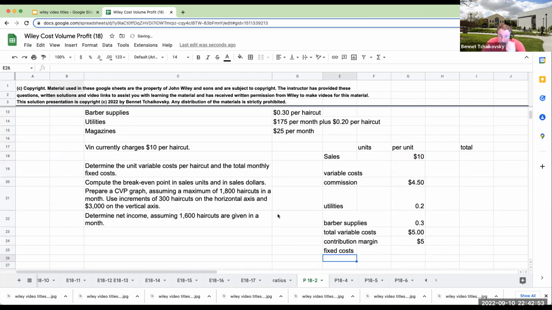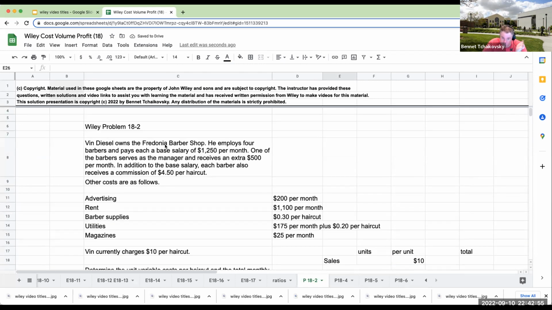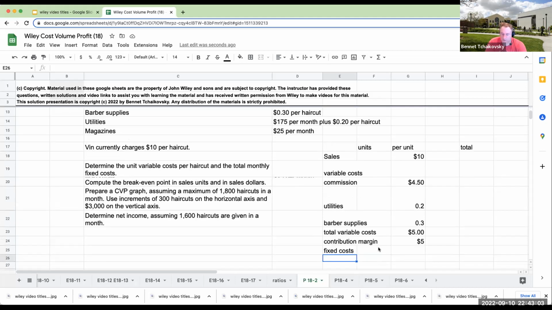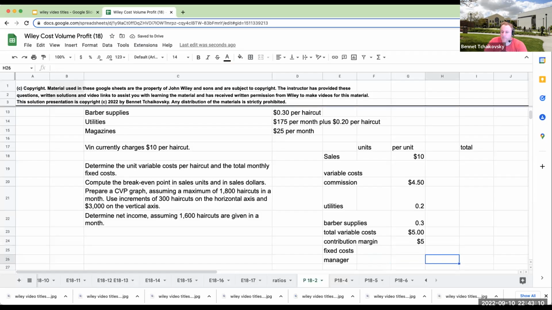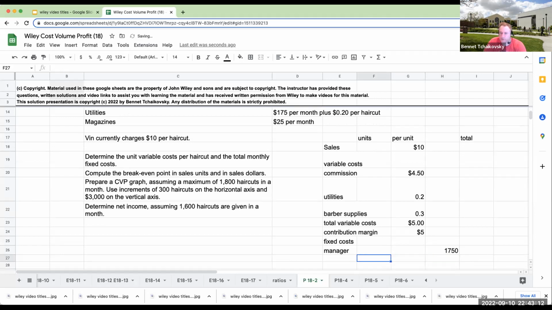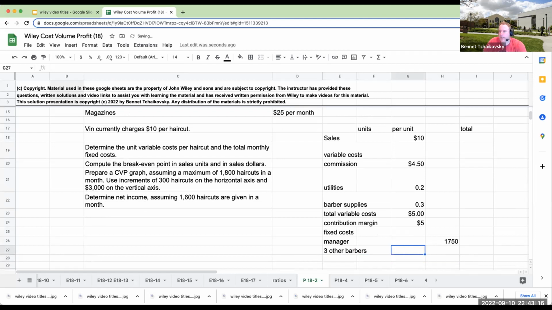So what we have over here, we have 4 barbers, each paid a base salary. One of the barbers serves as the manager and receives an extra $500 per month. So the manager is going to get $1,250 plus 500. The 3 other barbers are going to get $1,250 times 3.